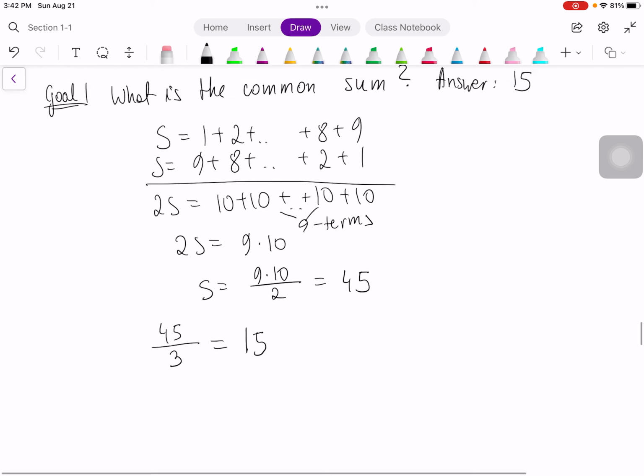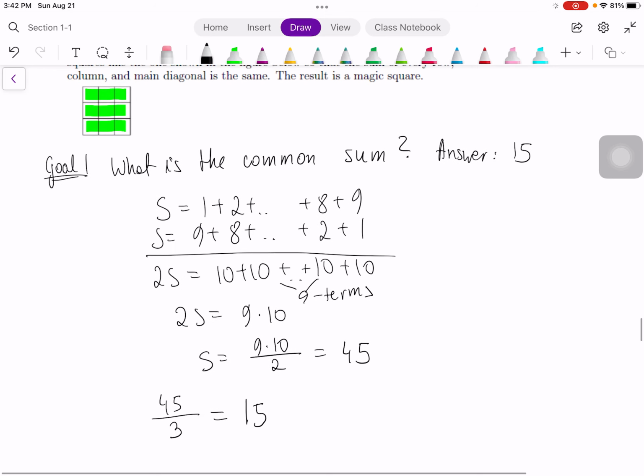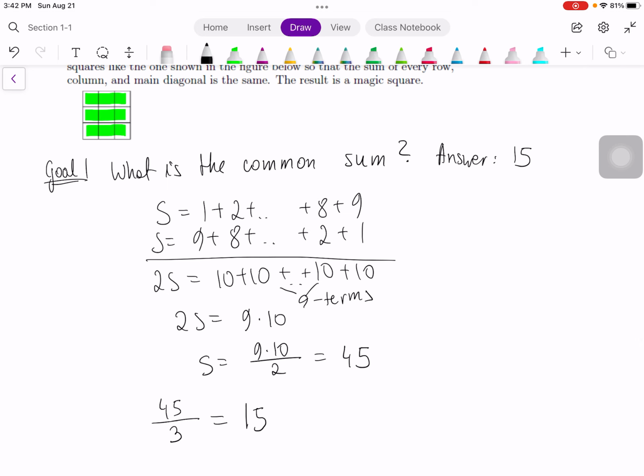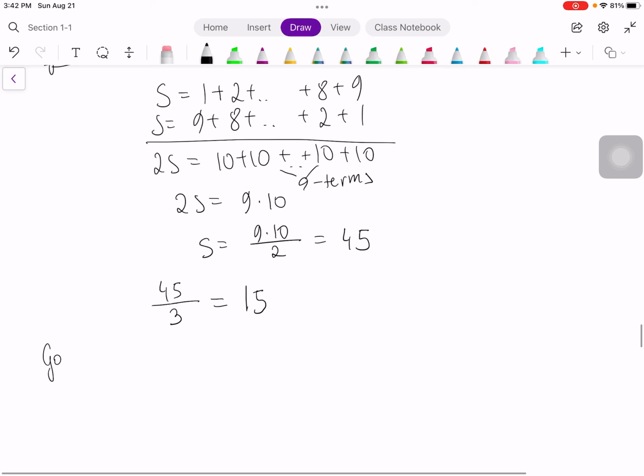Okay, so now I know that those 3 numbers will have to add up to 15. So in every row, column, and diagonal, the sum of numbers is 15. So then for goal 2, I would think, okay, what are the possible combinations of those 3 numbers that come up to be 15?